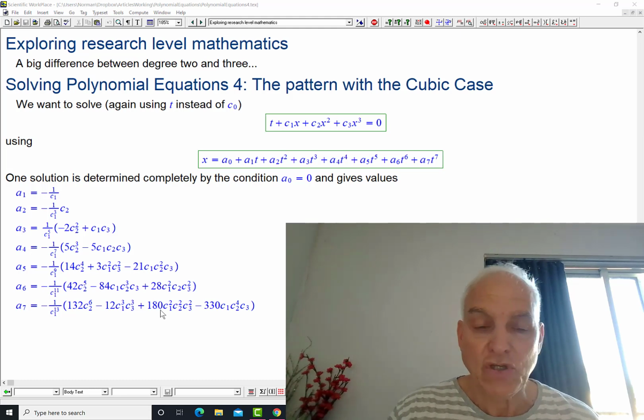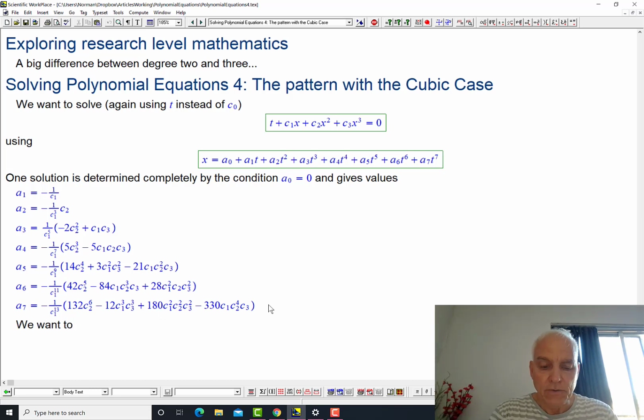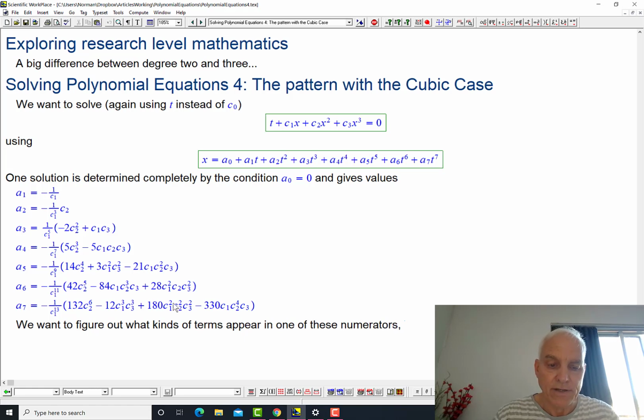So we want to figure out two kinds of things here. Let's write this down. We want to figure out what kinds of terms appear in one of these numerators. Like, why do we get c1 squared, c2 squared, c3 squared, and not some other thing? Why do we get c1, c2 to the fourth, c3, and not some other thing?